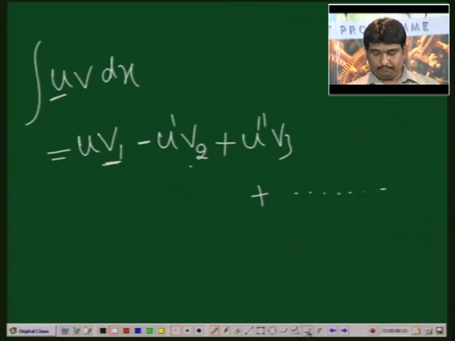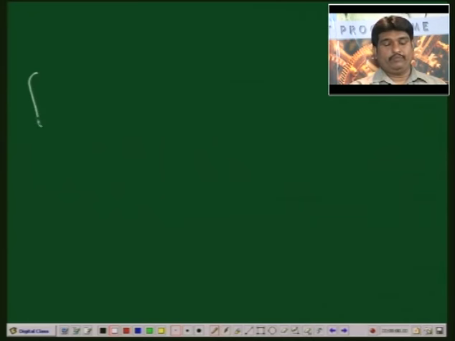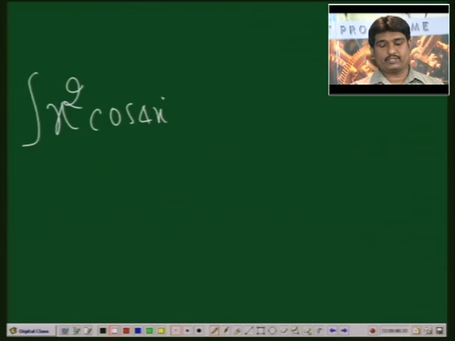For example, if you have integration of x square into cos 4x dx, if you want to apply parts, you have to apply it twice. But if you use Bernoulli's rule, you can write its solution in one single line.